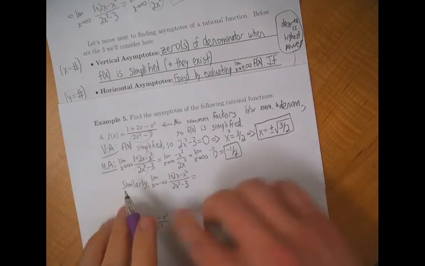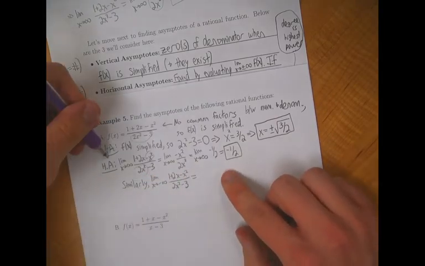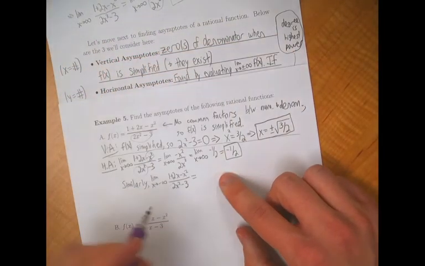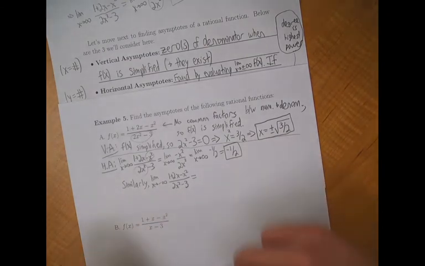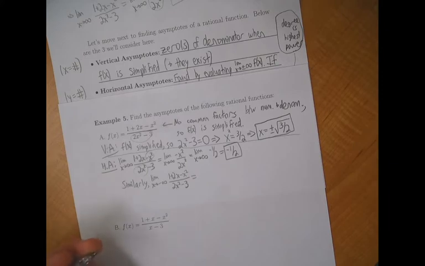So if we use similar reasoning as back up here, then what should that tell you about the limit as x goes to negative infinity? Yeah, just negative 1/2 again, right?